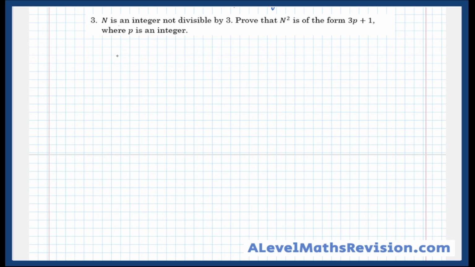So let's write some positive integers. 1, 2, 3, 4, 5, 6, 7, 8, 9, and so on. So all the multiples of 3 are here. And we can see there's 2 types of number that aren't divisible by 3.